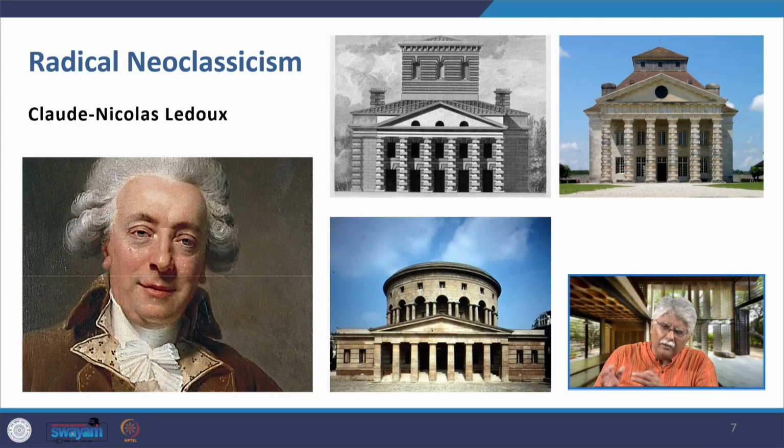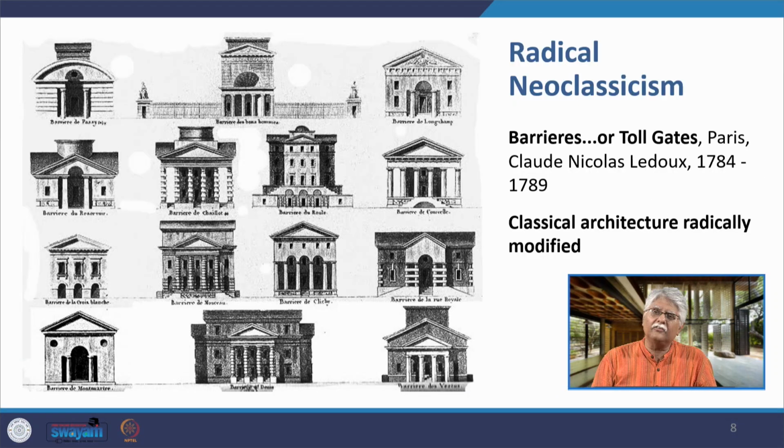And radical neoclassicism then moved into a world of very radical alteration of classical geometry, and that was through the works of Claude Nicolas Ledoux. Claude Nicolas Ledoux was an architect who was given the commission to make the toll gates to Paris. There were quite a few toll gates that had to be made all around the city of Paris.